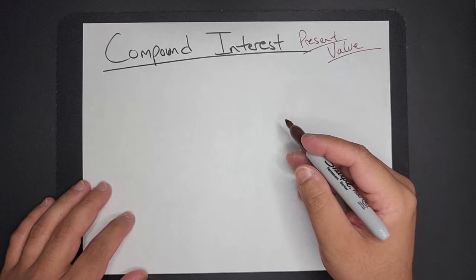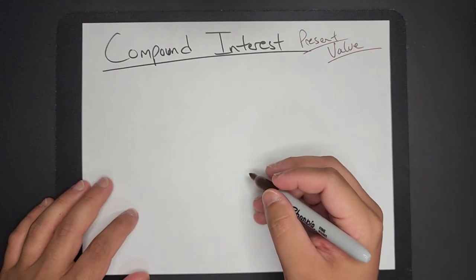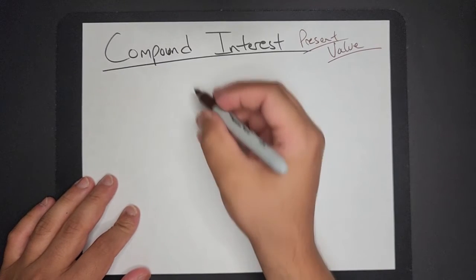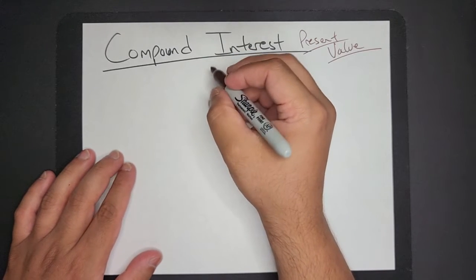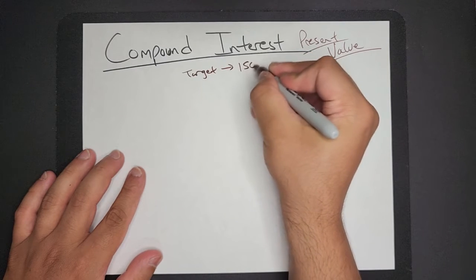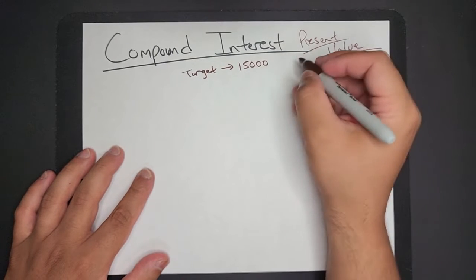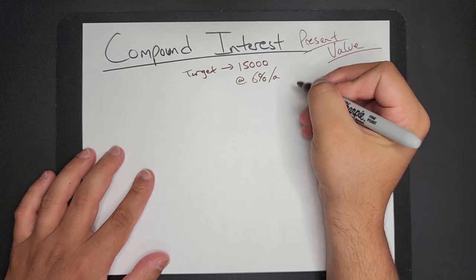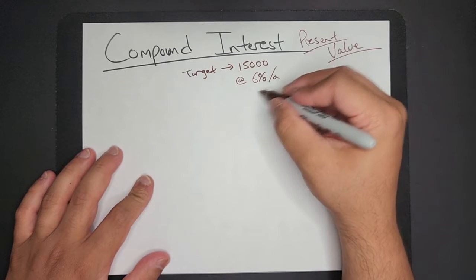So, in this case, let's work into it. Let's look at an example of an investment that we want to make to grow to our target of $15,000, and we want to invest this at 6% interest per year, compounded annually.